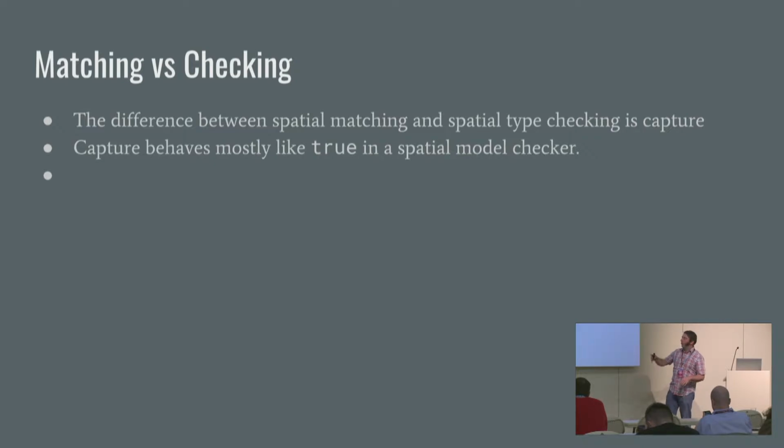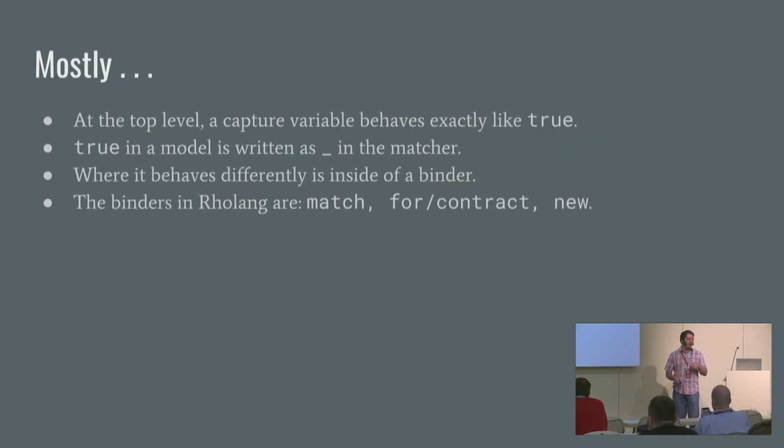Like a capture variable usually behaves like the predicate that matches anything in a spatial type checker, with one very important caveat. I'm going to go over the caveat. I know that there's been a lot of questions and it's kind of tricky. So let's go over this. At the top level, they behave exactly the same. So the capture variable x will match all the programs that the underscore will match.